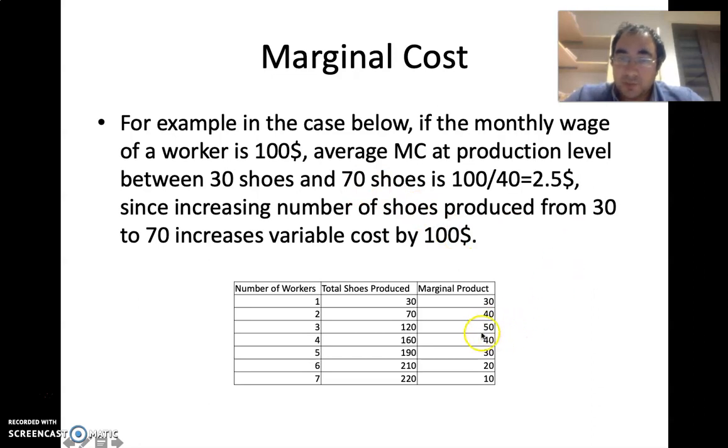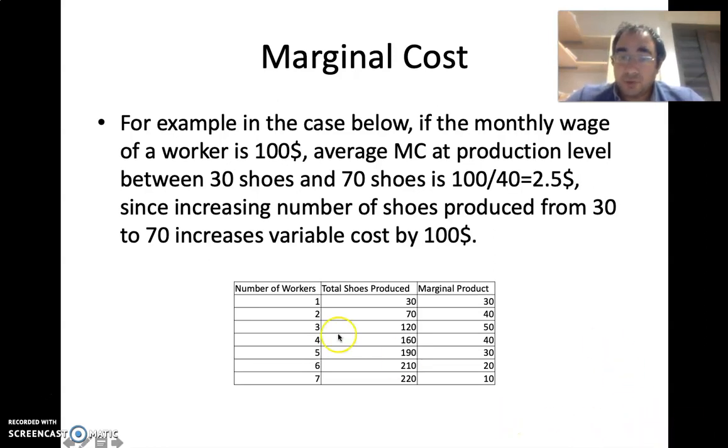For the next 50 units produced by the third worker, marginal cost is on average 100 divided by 50, which is 2. So marginal cost has decreased because you pay $100 and get 50 TVs in return.